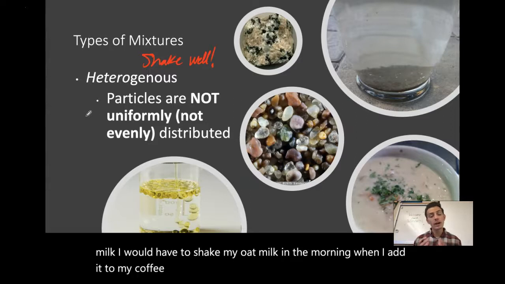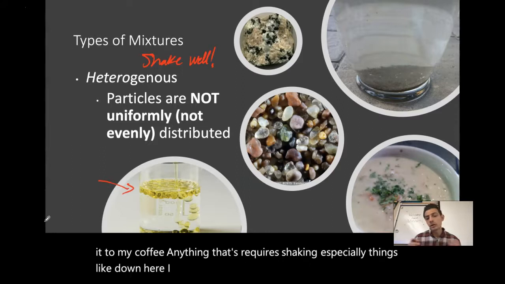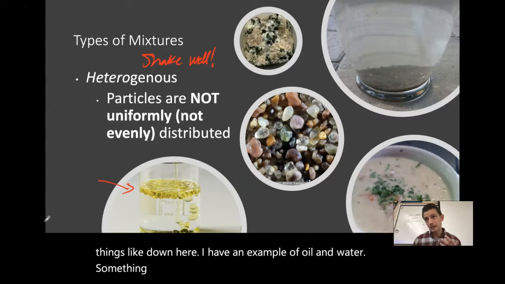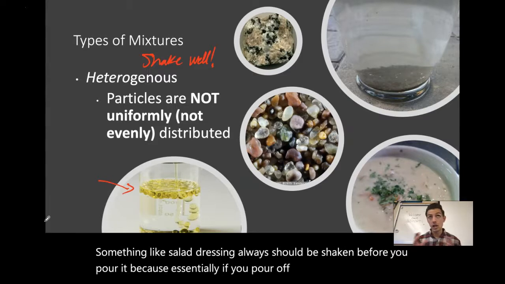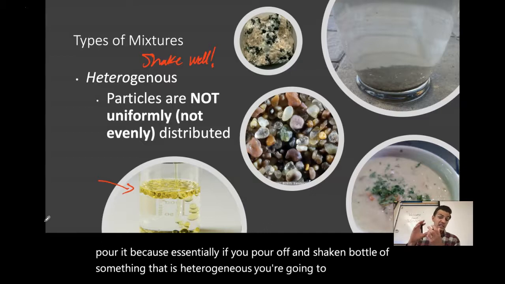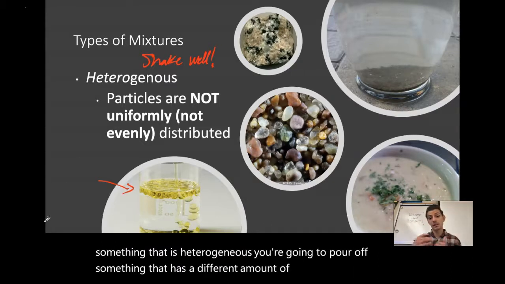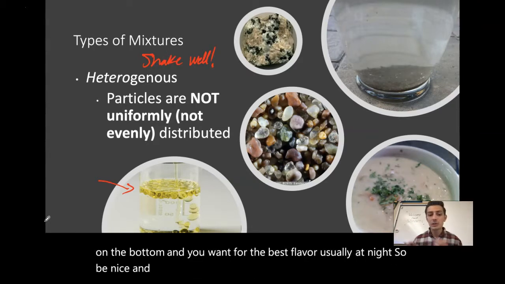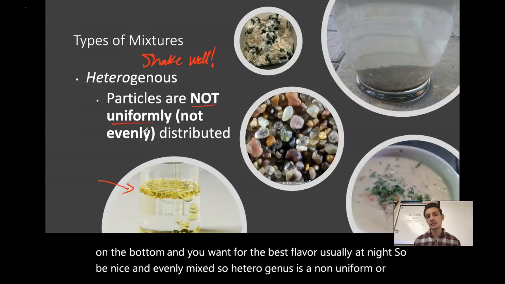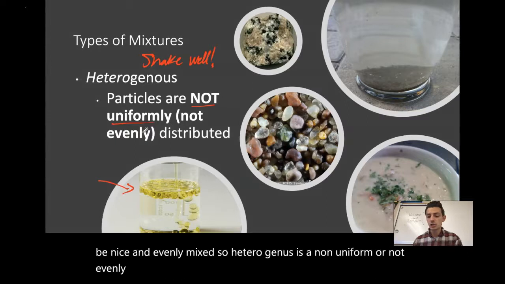Anything that requires shaking, especially things like, down here I have an example of oil and water, something like a salad dressing, should always be shaken before you pour it, because essentially if you pour off an unshaken bottle of something that is heterogeneous, you're going to pour off something that has a different amount of stuff on top than it does on the bottom. And you want, for the best flavor, usually for it to be nice and evenly mixed. So heterogeneous is a non-uniform or not evenly mixed substance mixture.